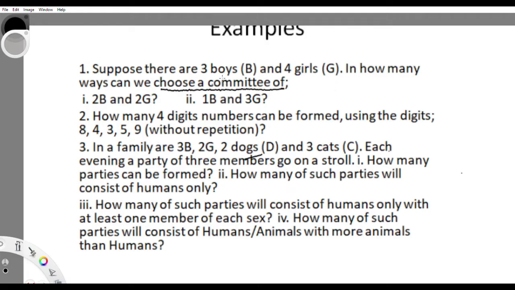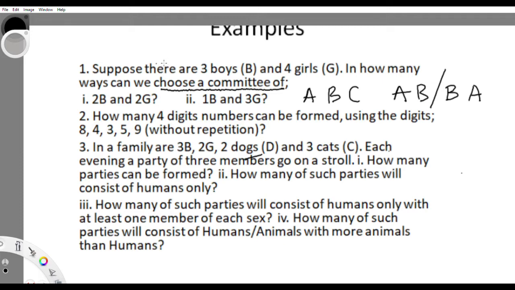Let's assume there is a boy A and a boy B. You have 3 boys, and I choose A, B, and B, A. Still actually the same thing, these two.